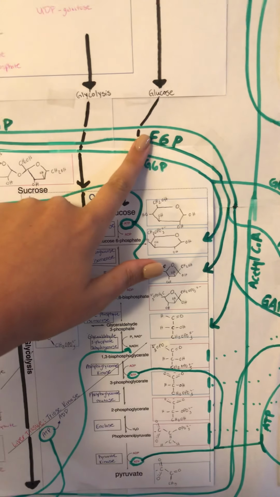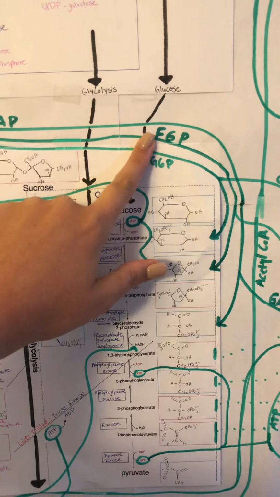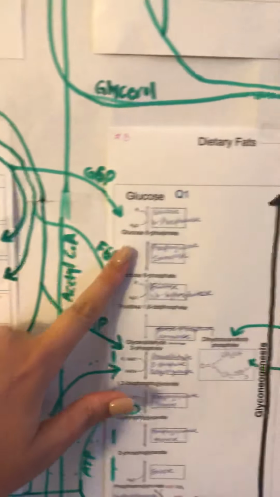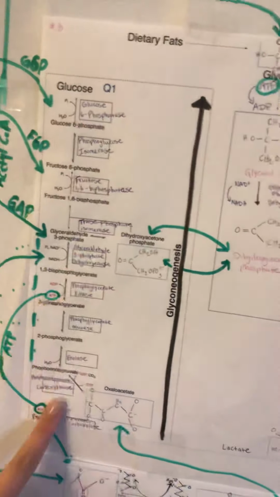So you've got your GAPs, your fructose 6-phosphates, you've got your glucose 6-phosphates. All of these are swooped back into here, as well as on this side, which is our glycogenesis pathway, and it's going from this way up, using these as well.